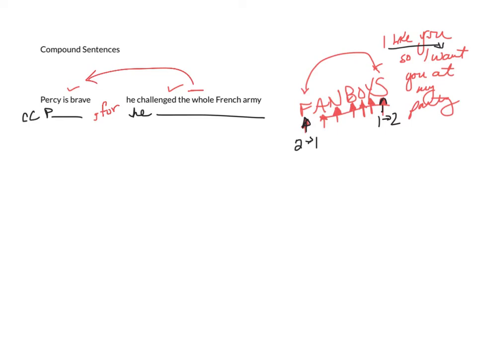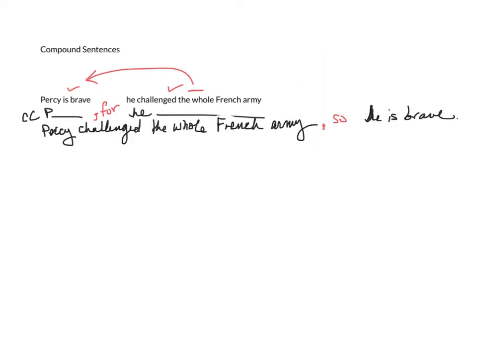So quite frankly, the clearer sentence probably would be Percy, that's an R, sorry, challenged the whole French army. Let me erase real quick. Okay, there you go. Percy challenged the whole French army, so he is brave.